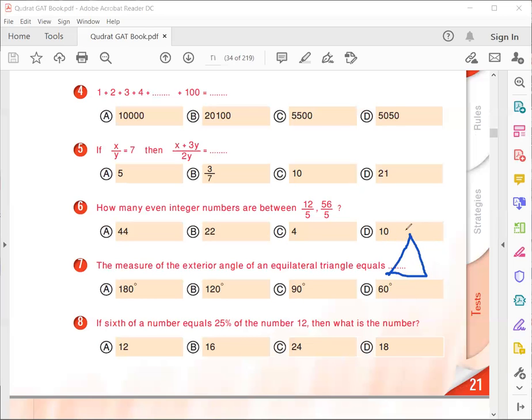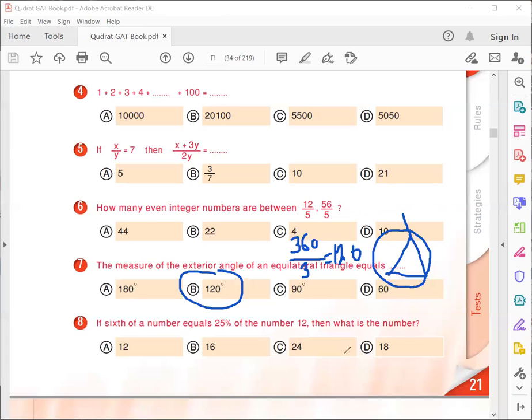Because here we have 3 angles. The sum of the exterior angles is 360 divided by 3. Then the answer is 120. That's because we want the exterior angle, so the answer is B.